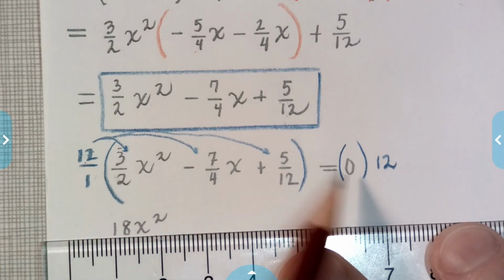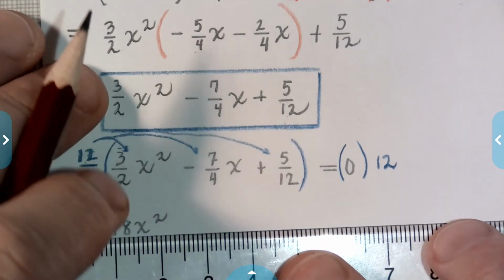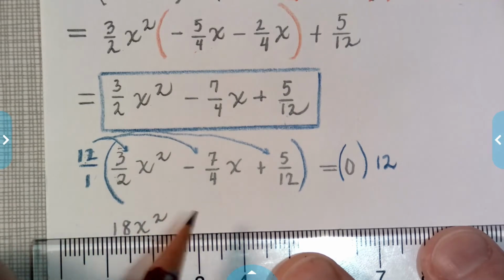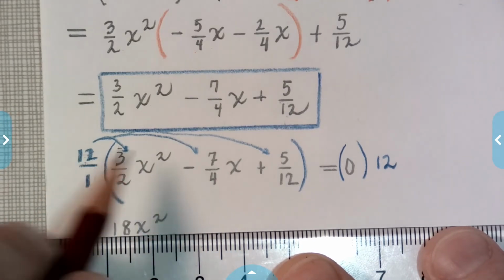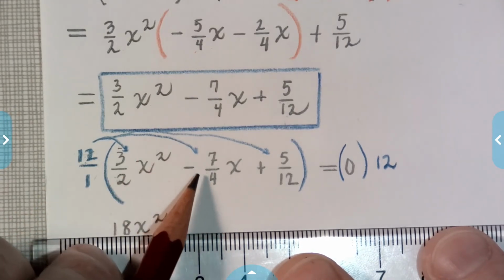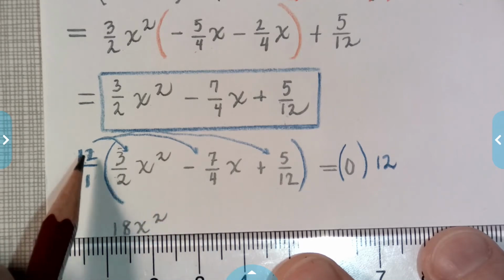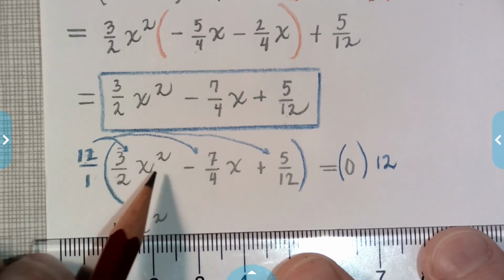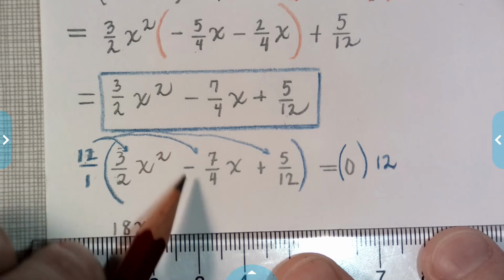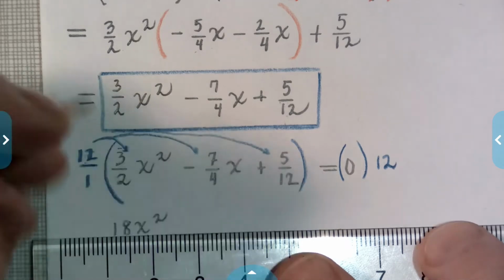So I do the same thing to the left that I do to the right. Again, I don't think Delta wants this, but I'm showing you something. So now 12 times negative 7/4 x. You're going to divide the 12 by 4, you get 3, so it's going to be minus 21x.